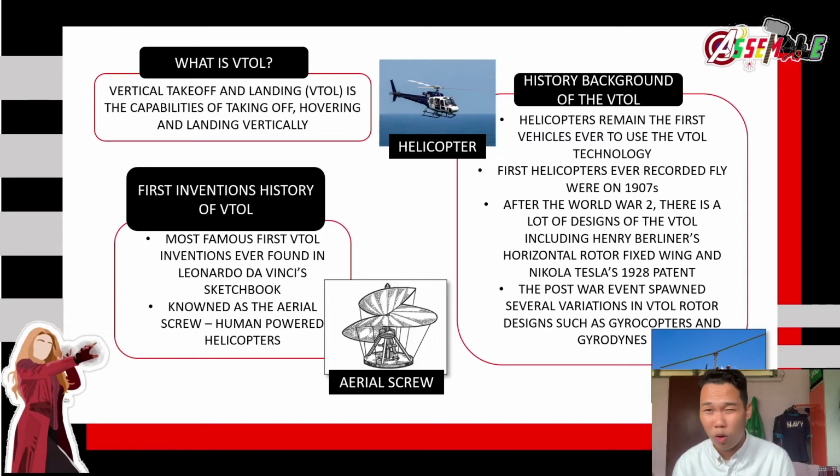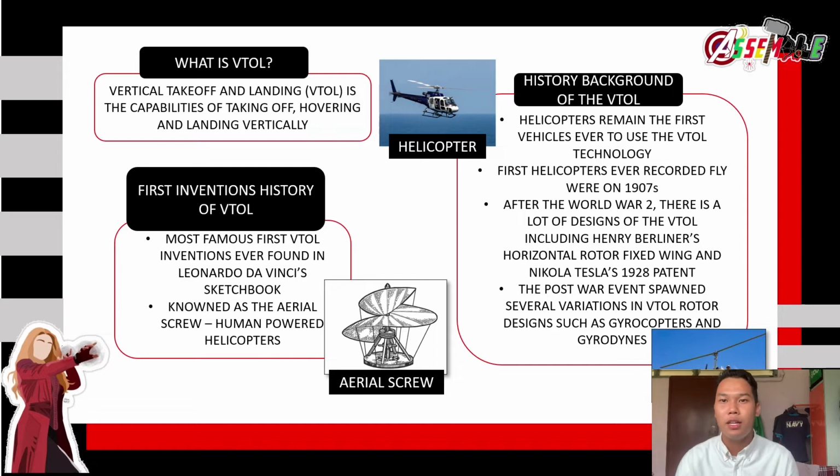After World War II, there were a lot of VTOL designs, including the Henry Berliner horizontal rotor and Nikola Tesla's 1928 patent. The post-war period spawned various variations in VTOL rotor design, such as the gyrocopter, as you can see here, and the gyrodyne.